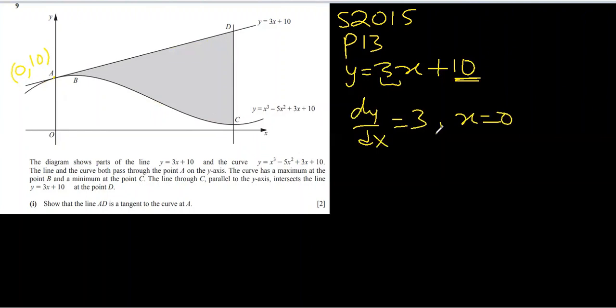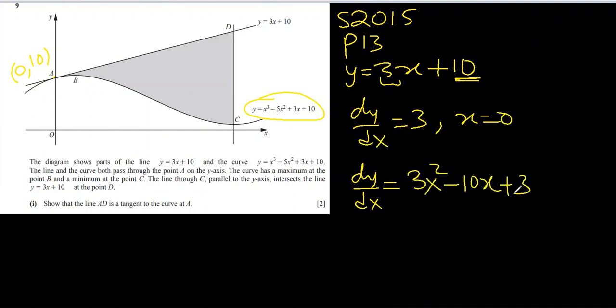So let's show that. First we have to find dy over dx. We will differentiate this equation of the curve. It will be 3x squared minus 10x plus 3. And now if we substitute x equal to 0, because we know that at point A, x is 0, we should get dy over dx equal to 3, and we'll show that it is a tangent.